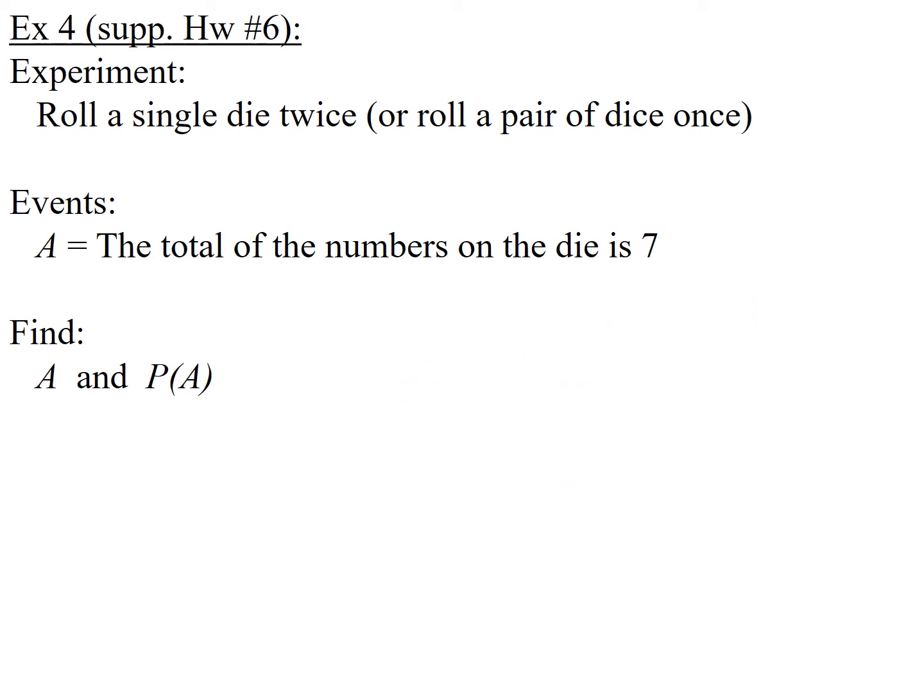Okay, so A says the total of the numbers on the dice is 7. Okay, perfect. So again, you can go back to the previous slide and list all the ones where the total was 7. Another way to do it is to see if you can think of them without going back to the previous slide. So I'm going to go ahead and write A here. Total is 7. Well, 1,6. And then what else? Well, I'm going to change the 1 to a 2.